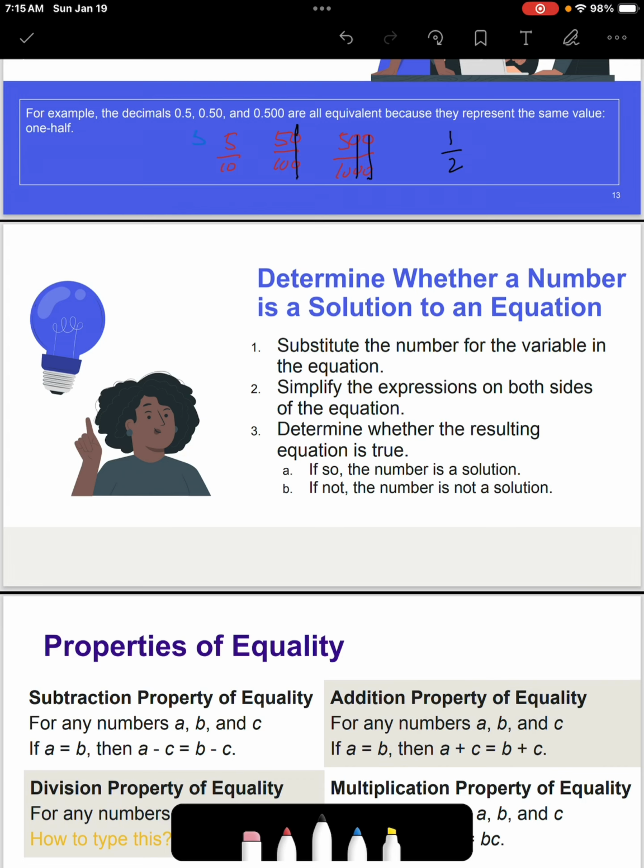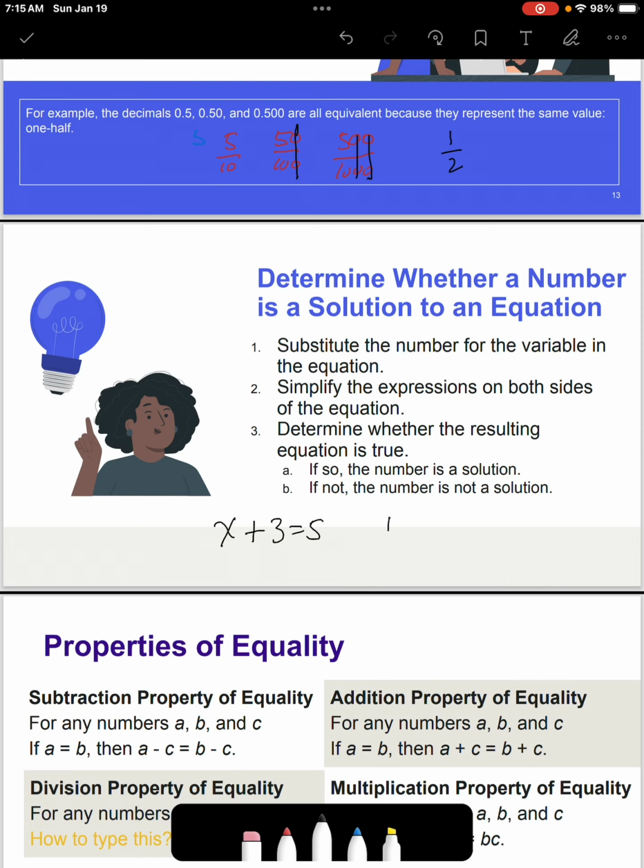Let's determine whether a number is a solution to an equation. We're going to substitute the number for the variable into the equation, simplify the expression on both sides, and determine whether the result is true. So let's say I have the equation x plus 3 equals 5.